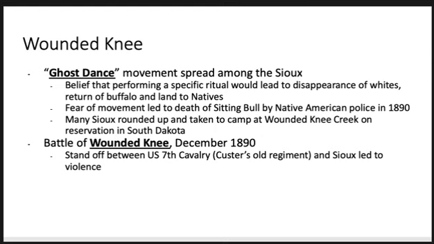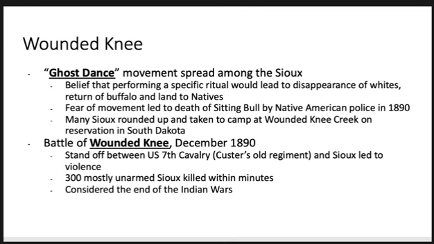And while this was happening, one of the guns went off, and this led to 300 mostly unarmed Sioux being killed within minutes. The 7th Cavalry even had basically what are today machine guns and had far more weapons than the Native Americans. And so this was a bloody, bloody one-sided battle where very few Americans were killed, just a handful, but mostly 300 unarmed Sioux, mostly old men and women and children were killed.